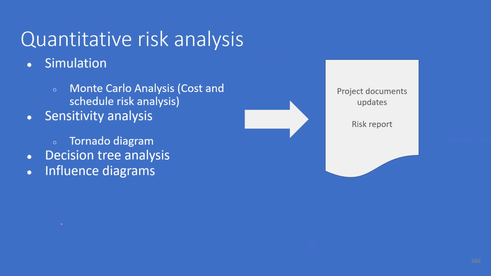Generally, in project teams, we stop with qualitative risk analysis, but maybe high intensity projects like a Chandrayaan kind of projects or credit risk analysis, we use sometimes simulation techniques. The most popular technique is Monte Carlo analysis. And we have other sensitivity analysis tools as well.